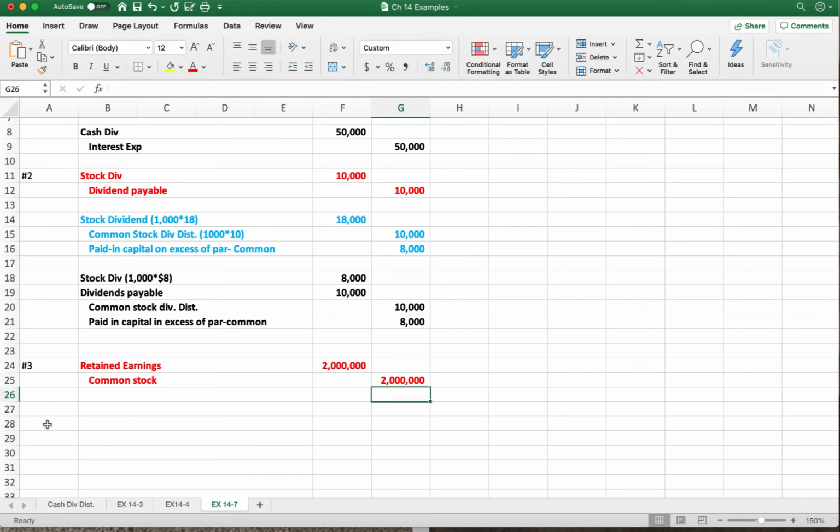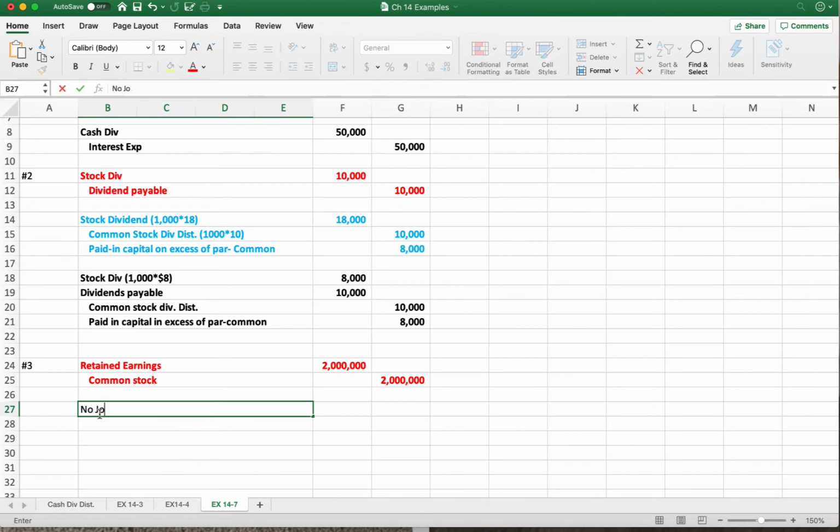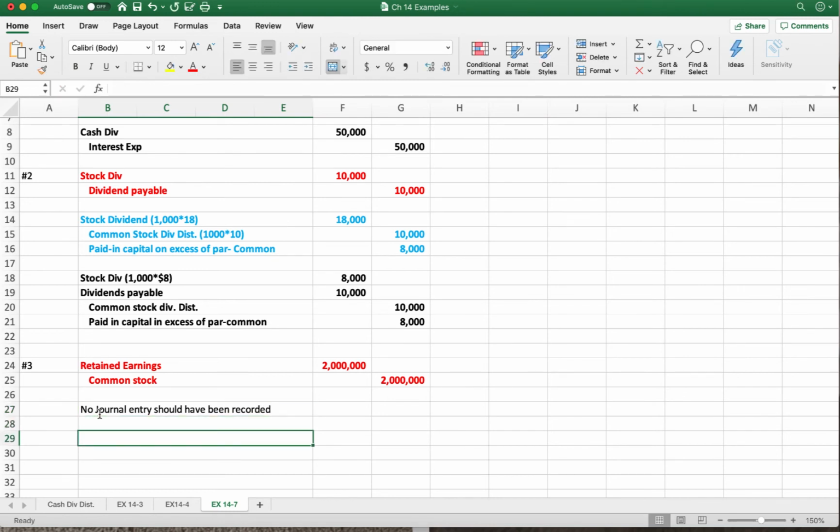We know when we have a stock split, we have to make absolutely no journal entry. So we just need to reverse what we did, right? This is what we did. What should we have done? No journal entry whatsoever. It should not have been recorded. So what do we need to do? Well, we just need to reverse this. So how do I reverse that? Well, very easy. I just do the opposite of what I did.